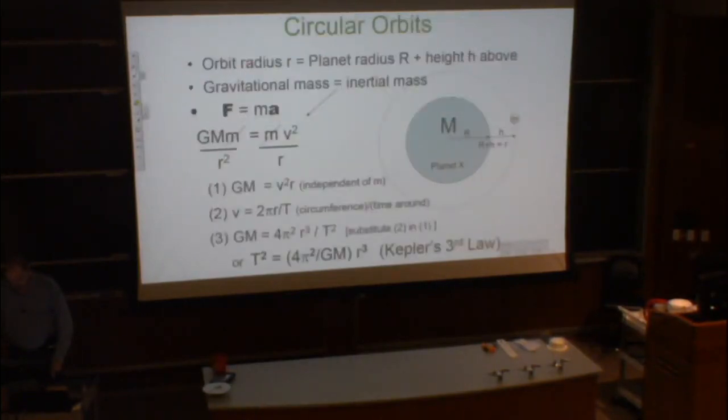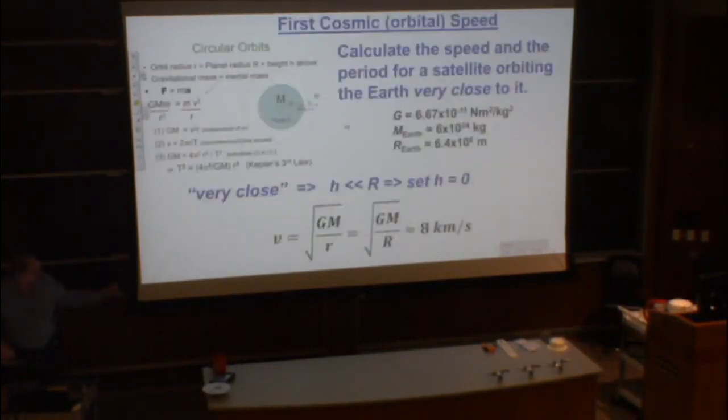So this is Kepler's third law, and this is a calculation for the so-called first orbital speed. If a satellite starts traveling faster and faster and faster, first of all, the orbit becomes not circular anymore, elliptical, and then eventually becomes parabolic, hyperbolic, and it flies away.